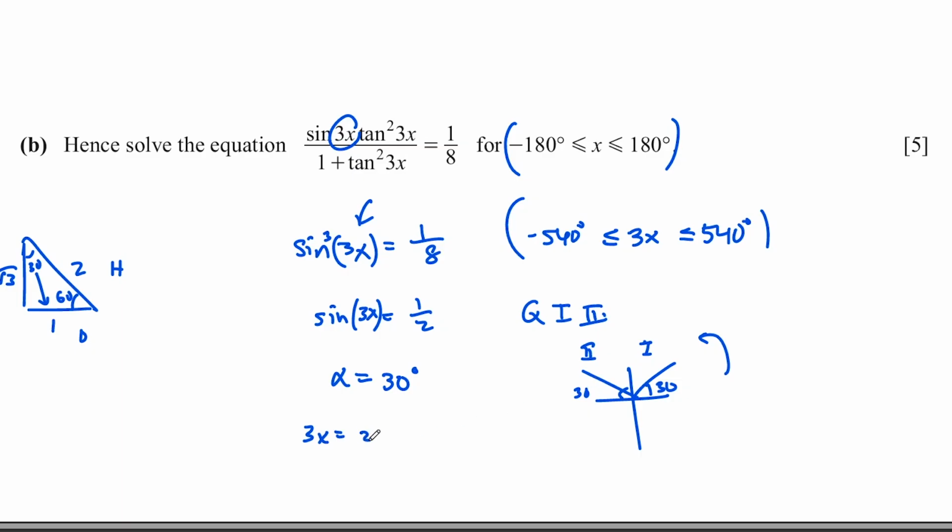So 30, 150. Then we can even go one more round for 390 and 510. Right, I believe if we go one more round, that will be over already. Yeah, sorry, this is 510, not 410.